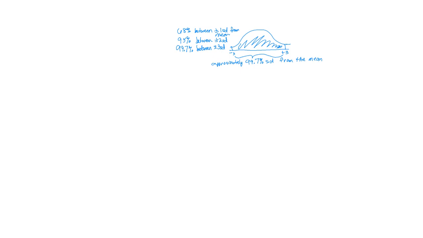So if you see it like in the Connect exercises, if they say 95.44, don't let that bother you. We're just going to say 95 because most texts use just 95%.